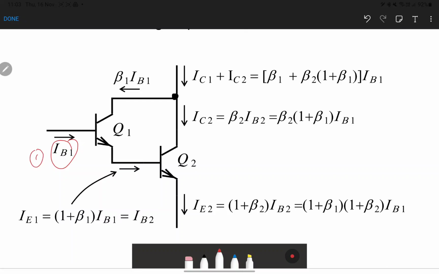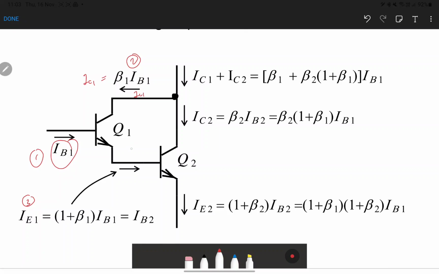From IB1 we can compute IC1 by applying beta times IB. Third, we can find IE1 by using 1 plus beta 1 times IB1.